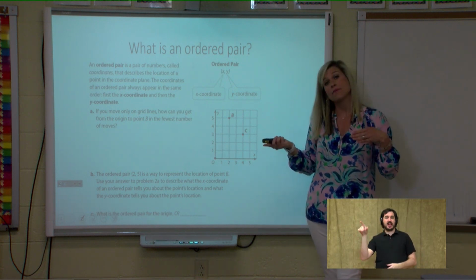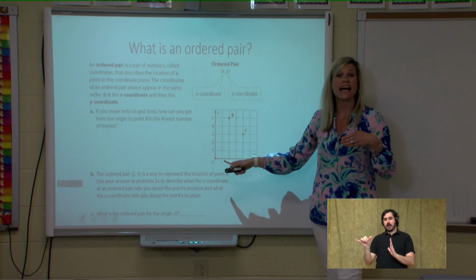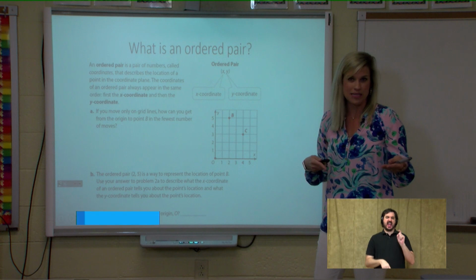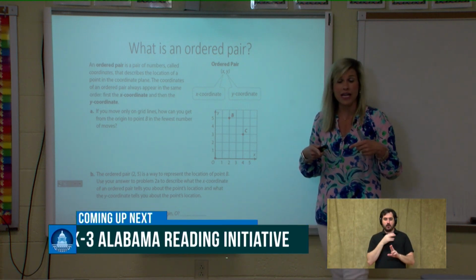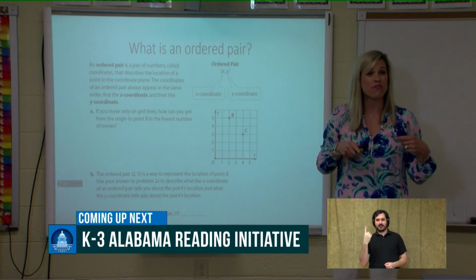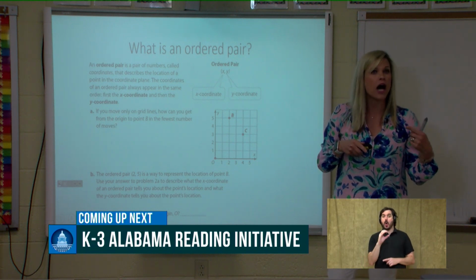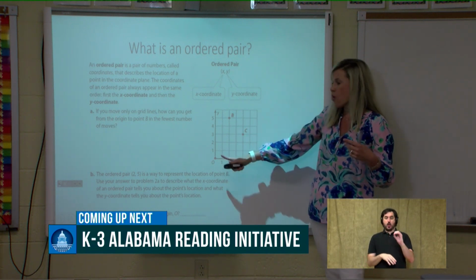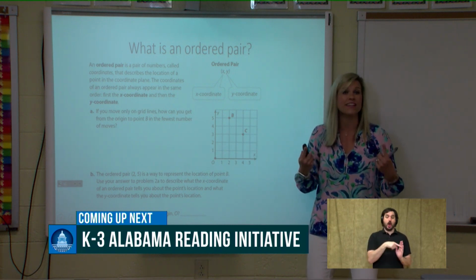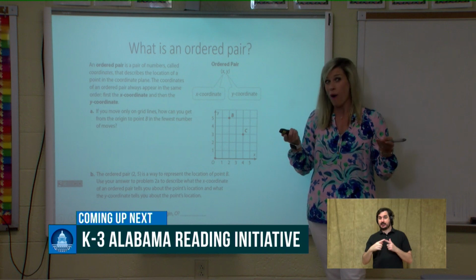So since x comes before y, we're going to look at the x-axis before we look at the y-axis. I also say the word over, O, comes before U in up. So we start at our origin, we move over on the X, then up on the Y.